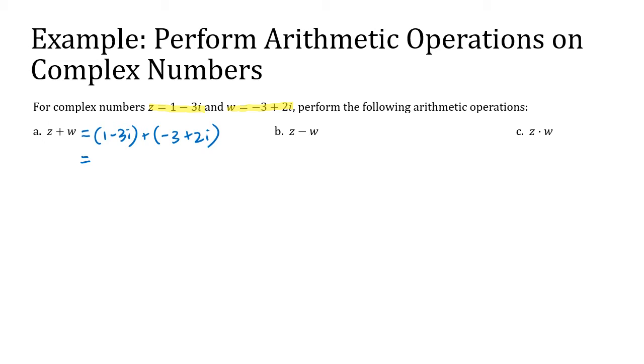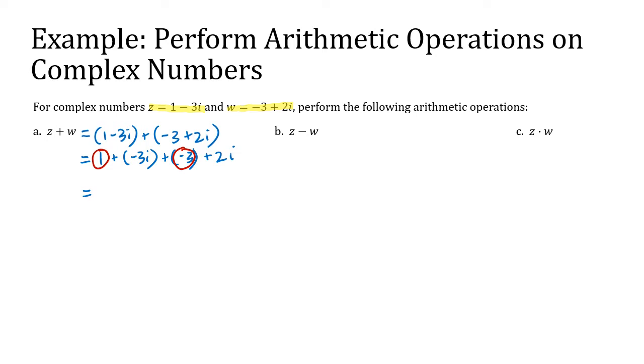I'm going to rewrite 1 minus 3i as 1 plus -3i, and I'm going to add that to -3 plus 2i. Now, the parts that are like terms, we've got real numbers, the 1 and the -3, so I'm going to go ahead and add those.